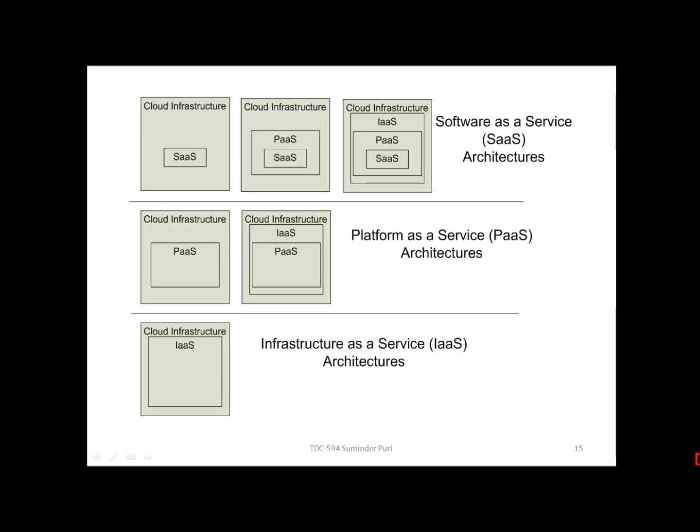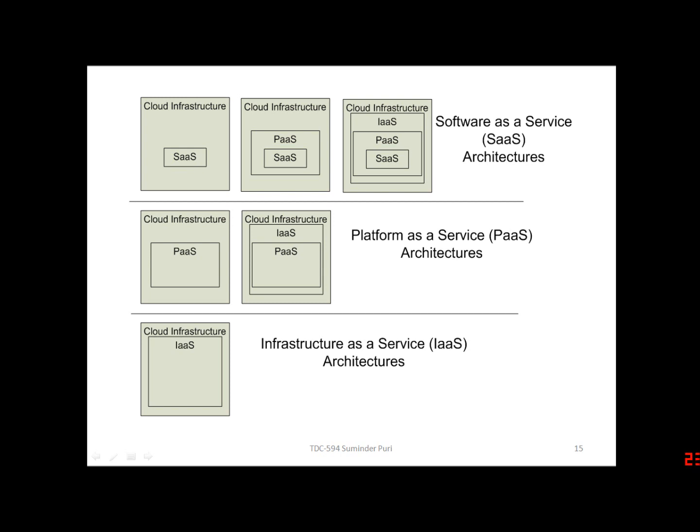So here is the overall architecture I built to show the layers and how it works. The basic cloud infrastructure is infrastructure as a service. If you want to use it explicitly, it is the deepest layer.